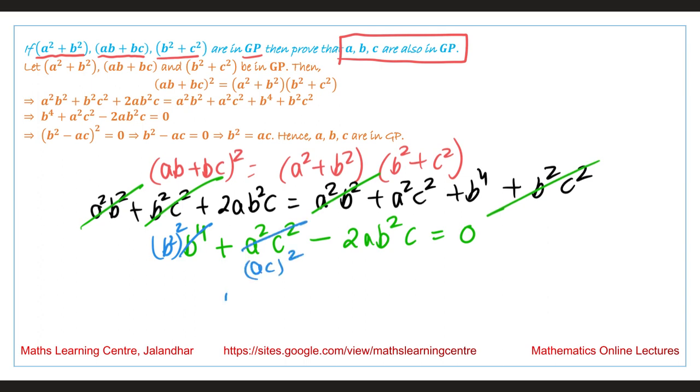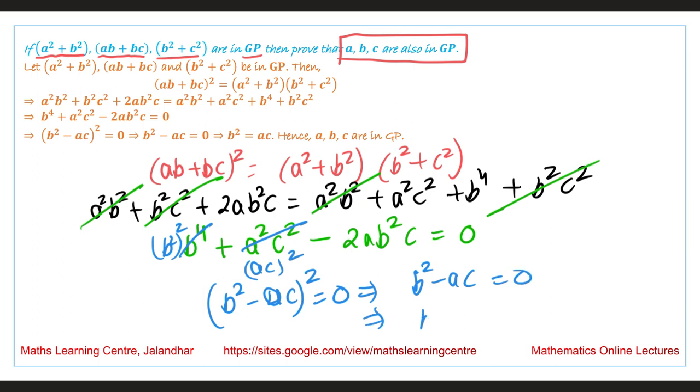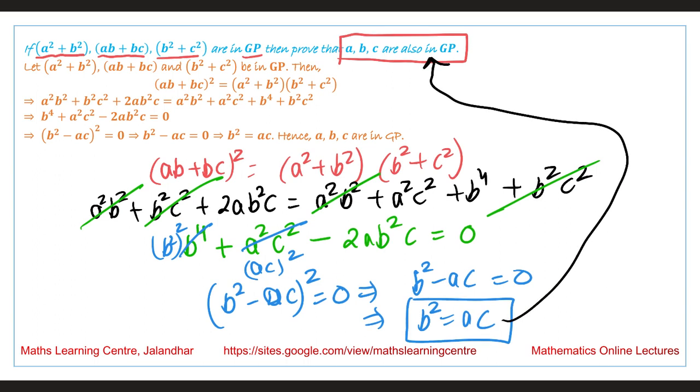So this is the formula for (b^2 - ac)^2 = 0, and this implies that b^2 - ac is 0. So we get b^2 = ac, and b^2 = ac implies that a, b, c, these three numbers, are in GP.